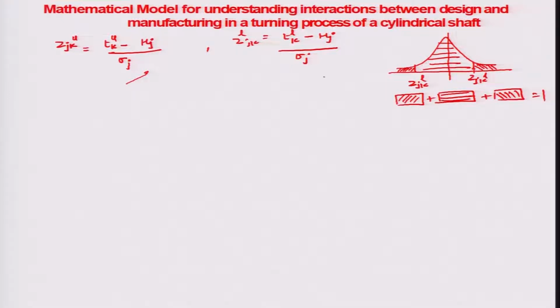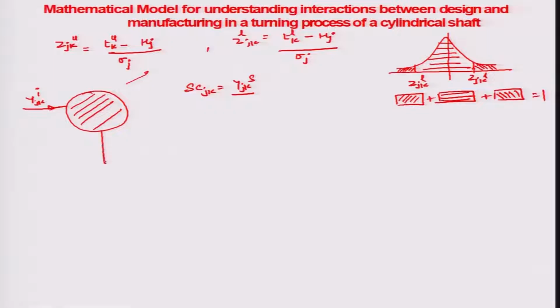Also, we had recorded that the total fraction of the scrap of the kth specification to be machined on the jth machine would be found as the ratio of the total number of scrap coming out of the transformation process given a certain input level. Let us say there are exactly y_i components coming into the transformation process which would obey the kth specification developed on the jth machine, and y_s_jk coming out as scrap, and similarly y_o_jk coming out as the output.